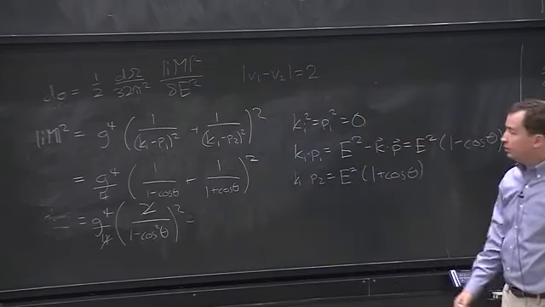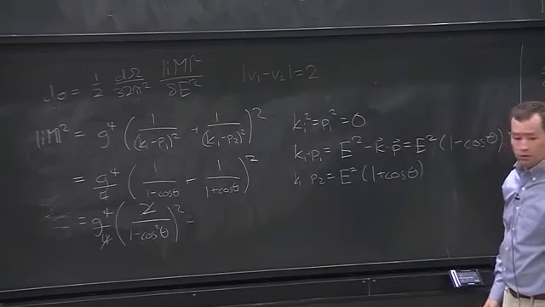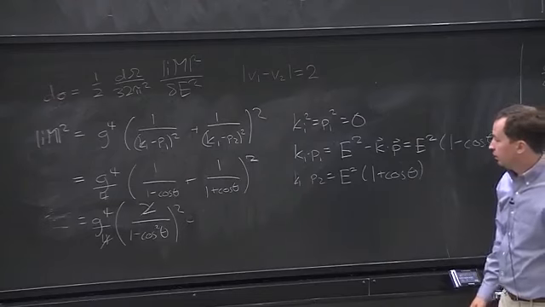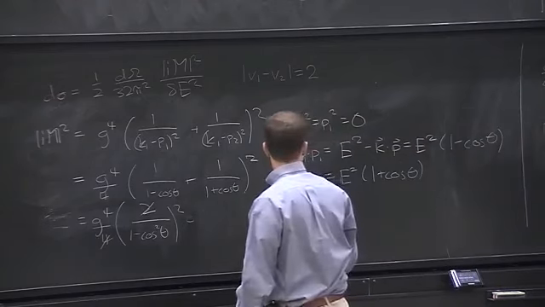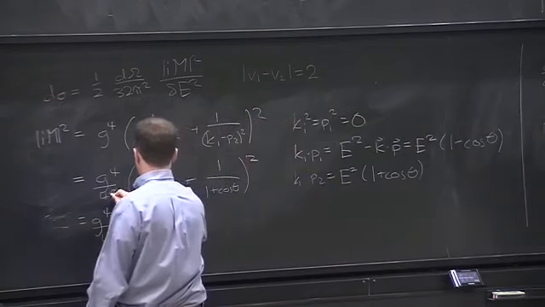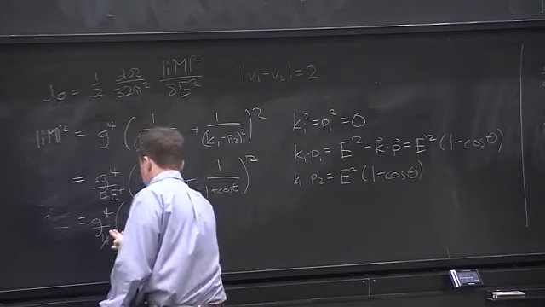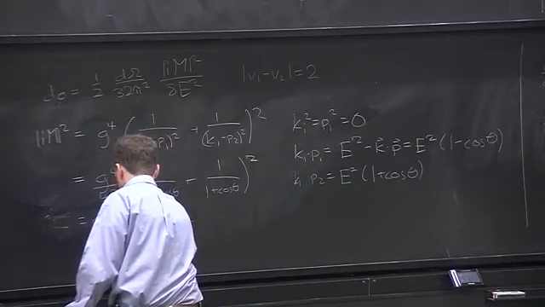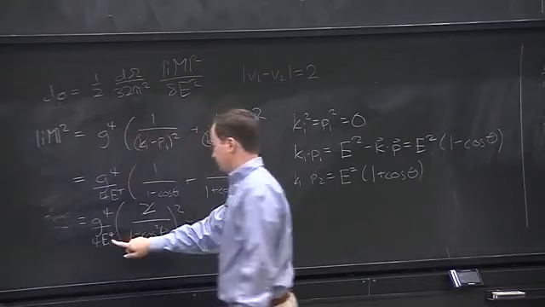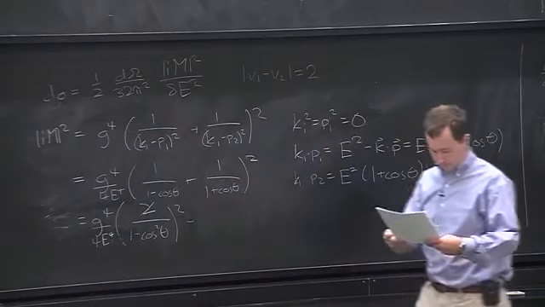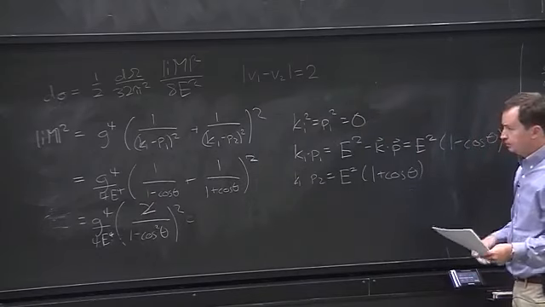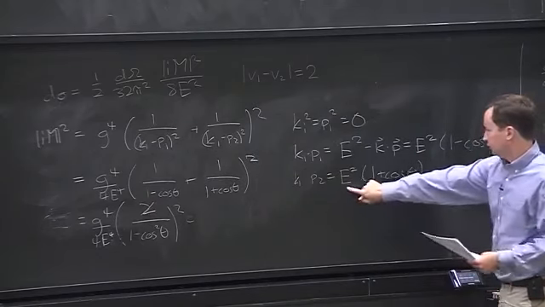Should there be a factor of E to the power 4? Yes, E to the 4 should be here. Thank you. 4 E to the 4. It comes from here.